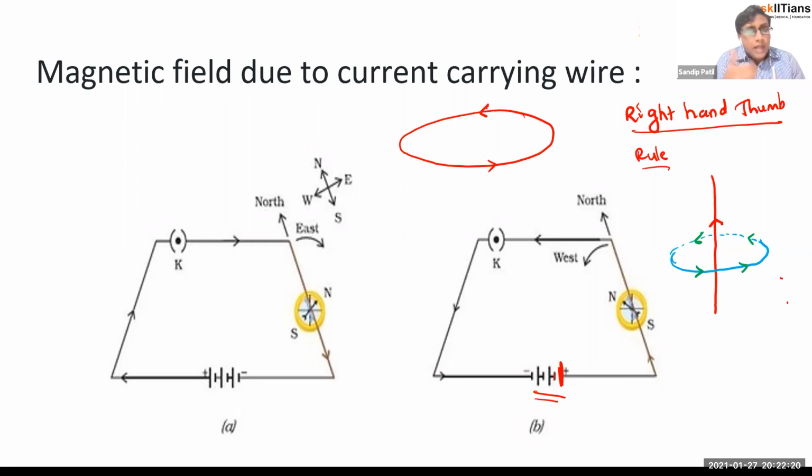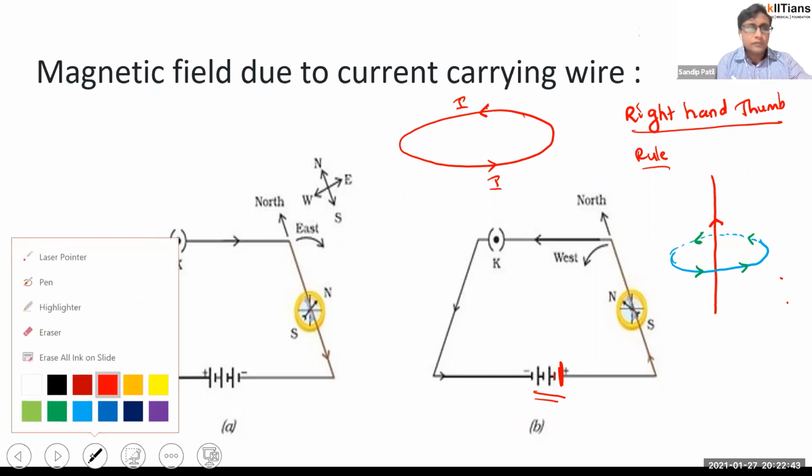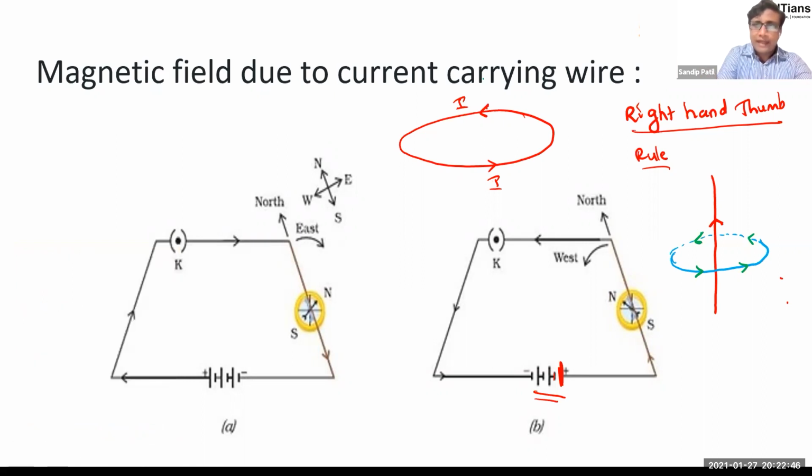Now consider the curled fingers are going to represent the direction of the current, because current is flowing in a circular fashion like this. So if the direction of the current is represented by the curled fingers like this, right? Fingers are curling in the circular fashion. Then the thumb represents the direction of the magnetic field. So the magnetic field will be like this. If this is our conductor, then upward will be the direction of the magnetic field.